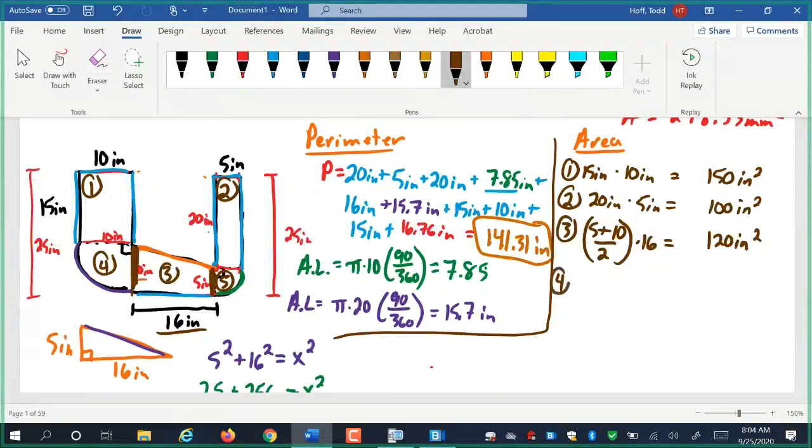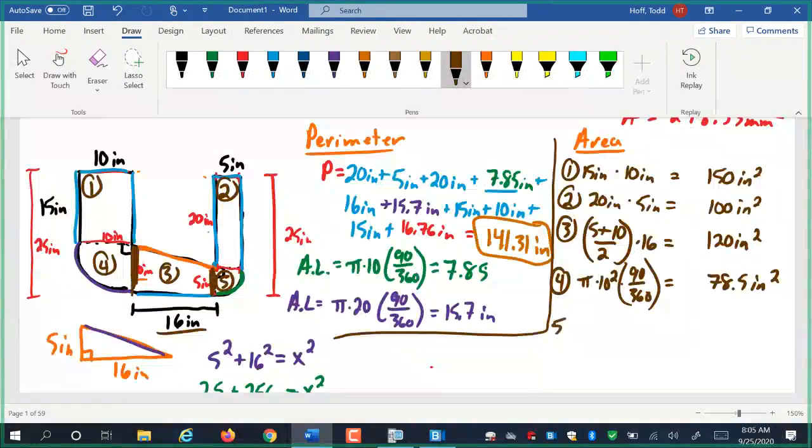Piece 4 is a sector of a circle. That's pi times 10 squared times 90 over 360, since it is a quarter circle, or 90 degrees. So I believe that is 78.5 square inches.